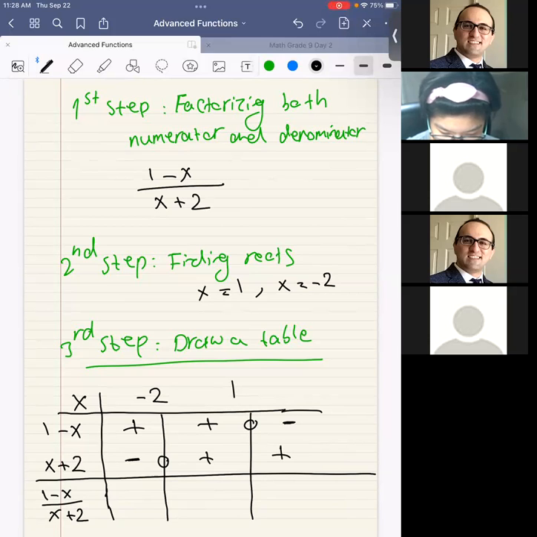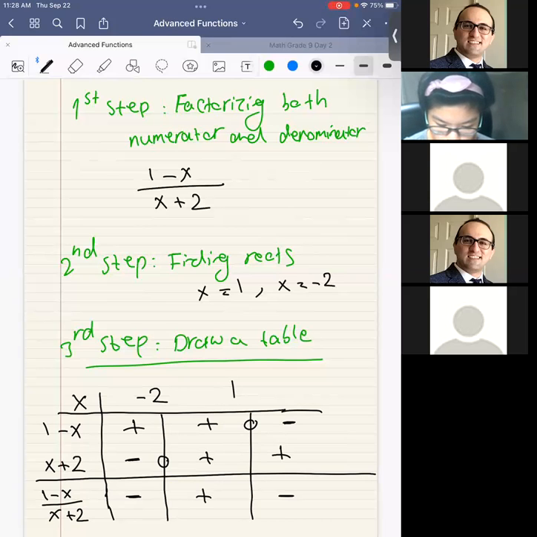The sign is just the product of the signs. So plus times minus is minus, plus times plus is plus, and minus times plus is minus. But you have to be careful, because x plus 2 is 0 when x is -2, and x plus 2 is at the denominator.